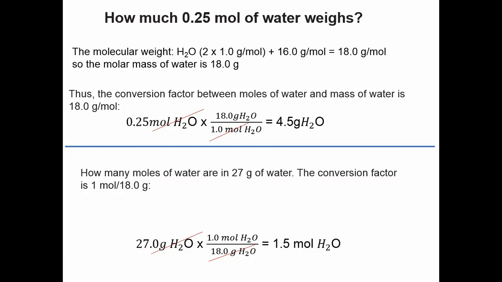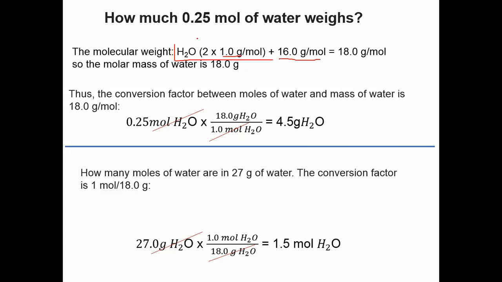So the molecular weight of water is given over here, right? It's 2 times 1 gram per mole of hydrogen plus 16 gram per mole of oxygen.